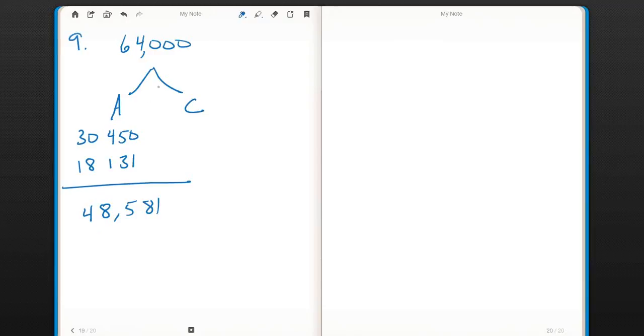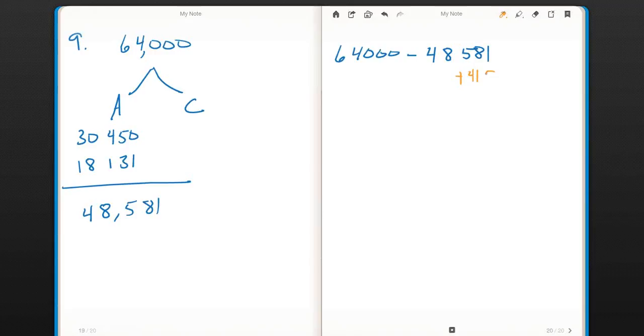Well, to find that, I next need to figure out the number of children. So 64,000 minus 48,581, I might think, again, lots of ways to do this, right? One thing that would be pretty easy would be to increase both numbers by 419.